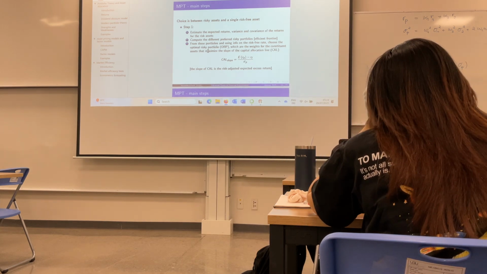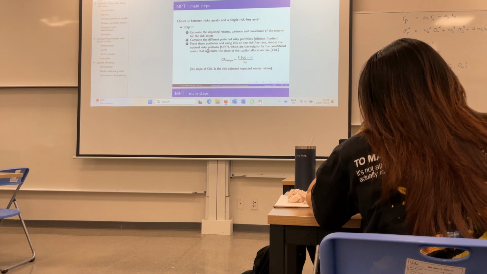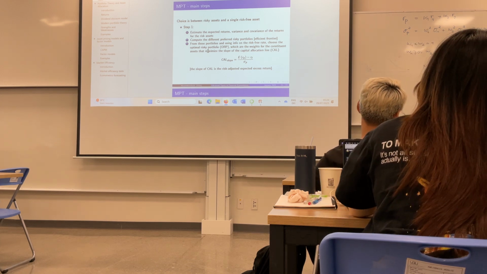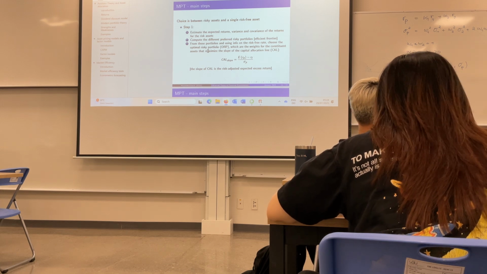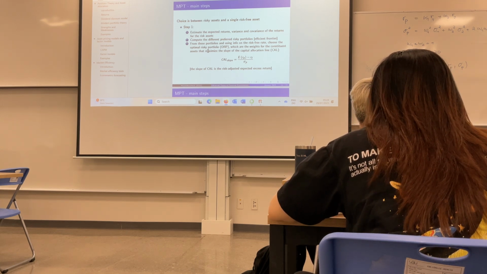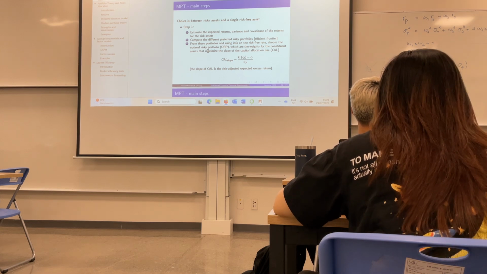The investors are interested in more returns, so the function should be positively related with the returns. But they also want to know how much you pay them on top of the risk-free rate. So that's the numerator of this ratio.